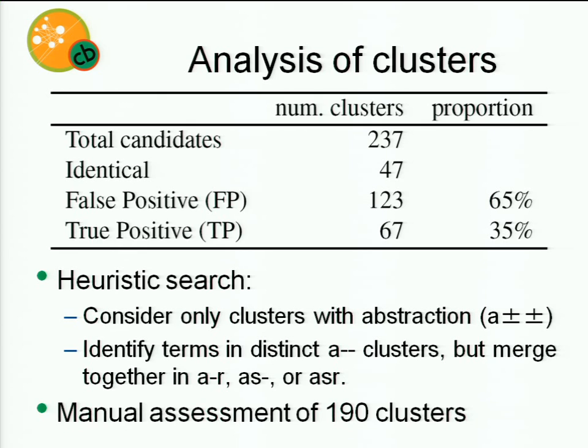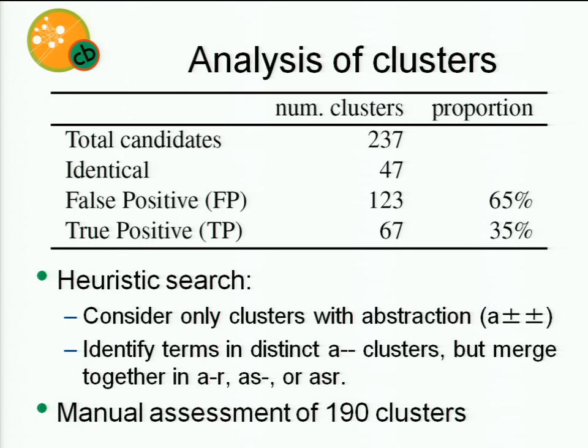And it's precisely the word order variation that we're interested in. So what we did was look for terms that were in different clusters after just the abstraction transformation step, but merge together into a single cluster, collapsing to a common form, after application of one of the other transformations. And when we did that, we ended up, as I said, with 237 clusters.